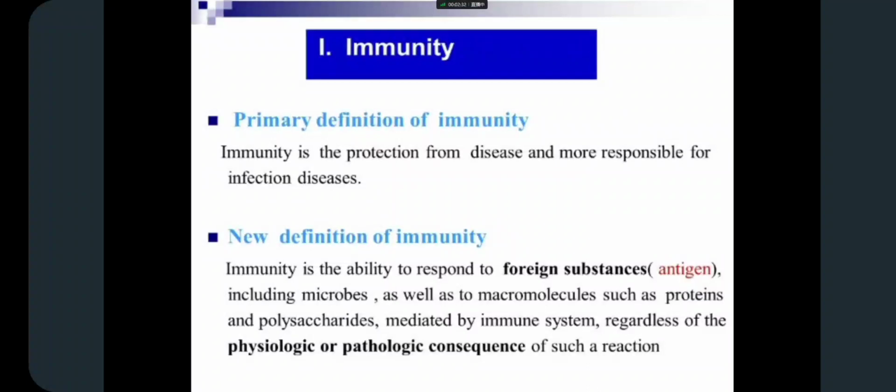We live in a potentially hostile world filled with a bewildering array of infectious agents. Our bodies have many mechanisms that permit us to defend ourselves against invasion and colonization by foreign organisms. This defensive ability is called immunity.